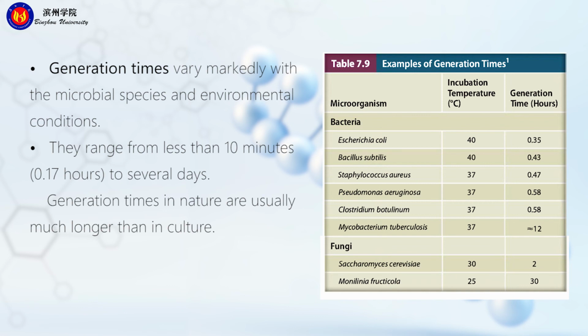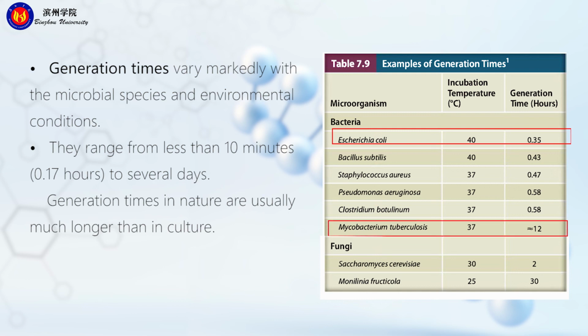You can see on the picture, E. coli, at a temperature of about 40 degrees, has a generation time of 0.35 hours, and Mycobacterium tuberculosis at a temperature of 37 has a generation time of about 12 hours, and Saccharomyces cerevisiae at a temperature of 30 has a generation time of 2 hours.